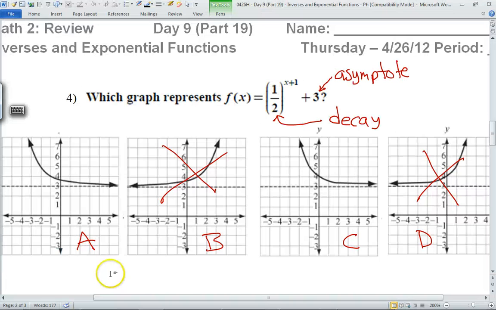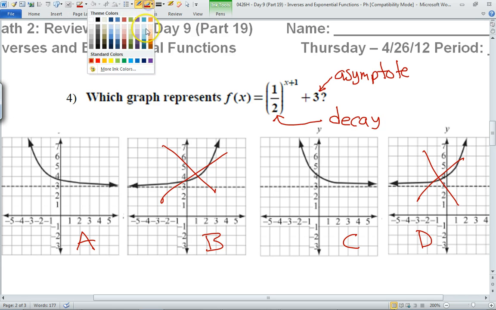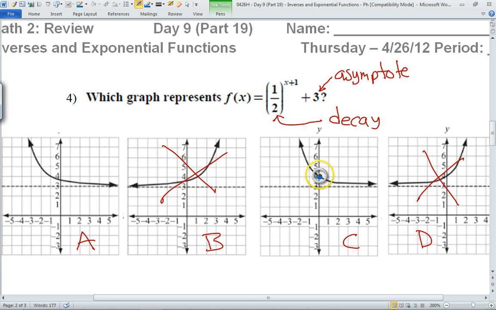Before we look at the table of values, let's identify a key point that we can pick to tell us which one is going to be the right answer. For example, let's see, graph C. Graph C has a nice clear point at 0, 4.